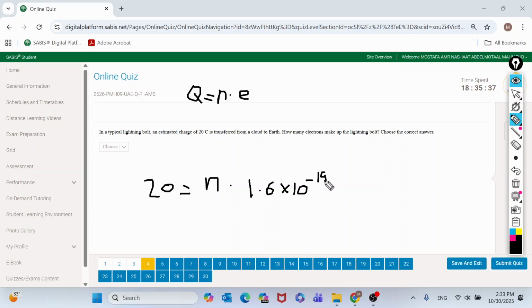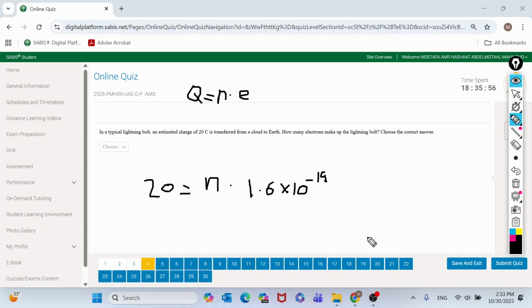So also this one, just do it on your calculator to find N. So 20 equals x times 1.6 times 10 to the power of negative 19.